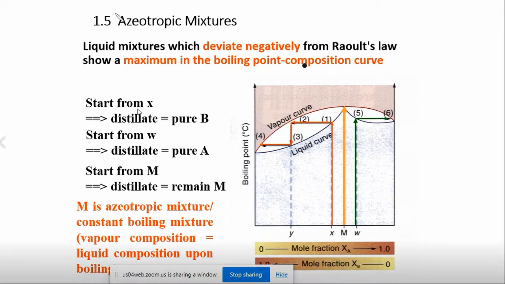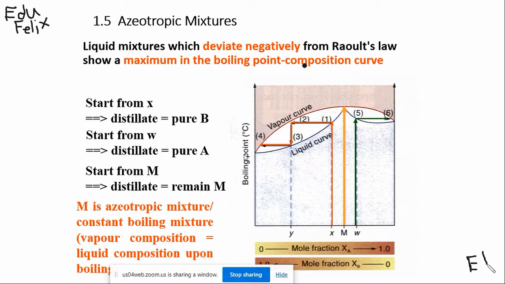In the binary system, we have azeotropic mixtures. Azeotropic means in between you also have a point where these two are not existing, only one exists, right? Liquid mixtures that deviate negatively from Raoult's law show a maximum in the boiling point composition curve, right? That means we call it negative deviation.